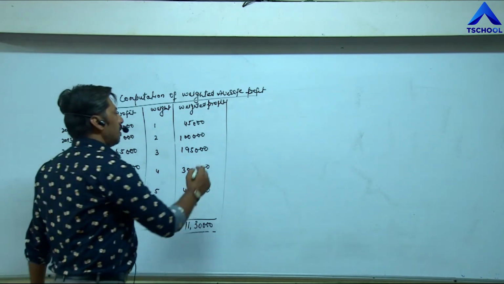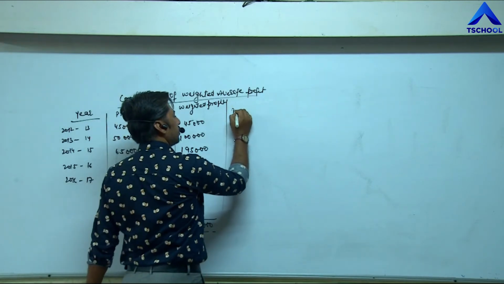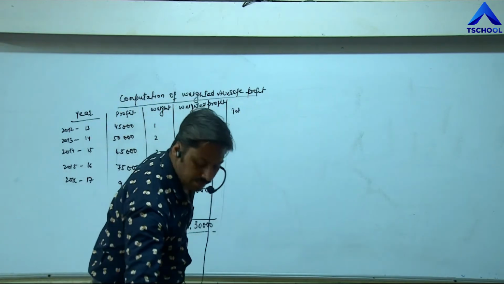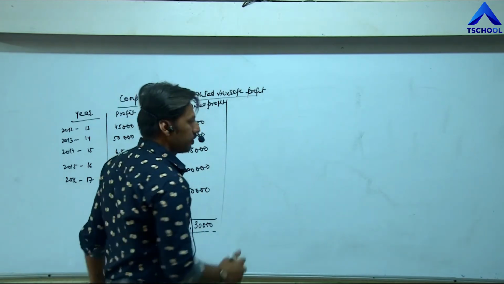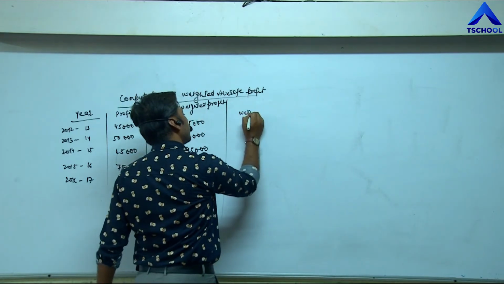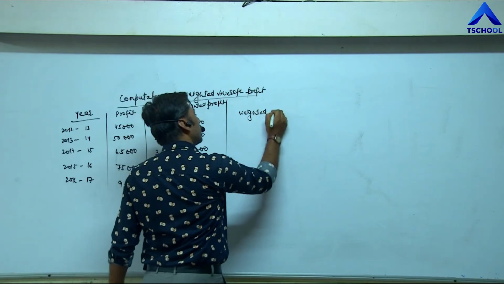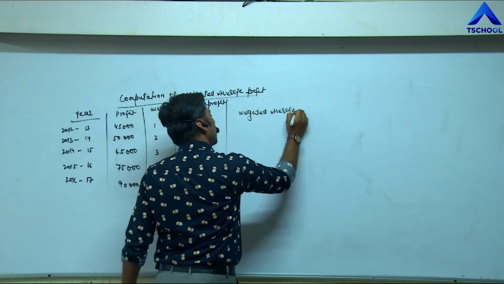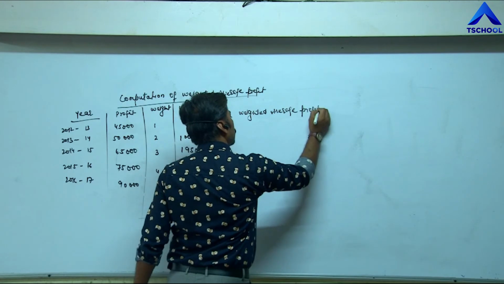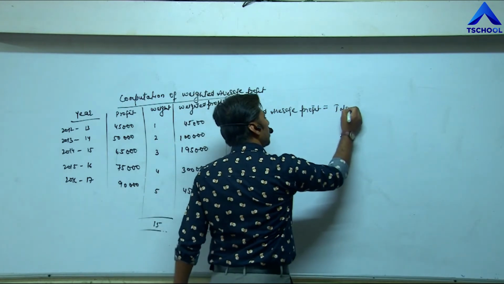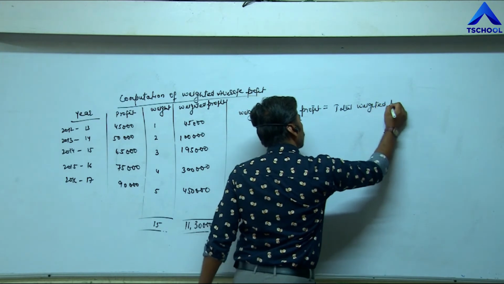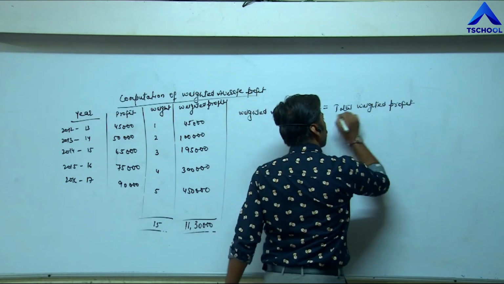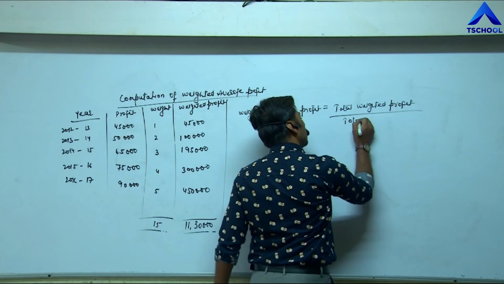Now, weighted average profit is equal to total weighted profit upon total weight.